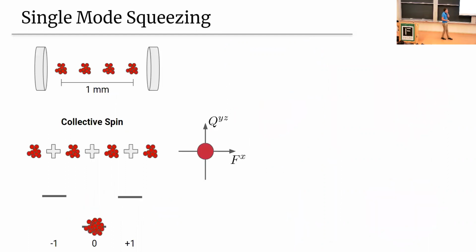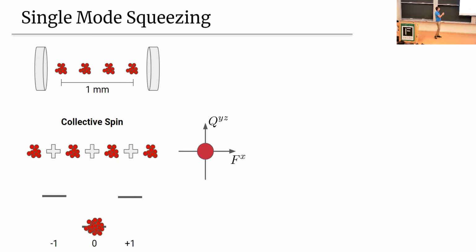Okay, so experimentally, we changed the system a little bit. We still have our ensembles, but we now just use 4 instead of 18, just to have more control over our system. What I told you in the beginning, the cavity without the magnetic field gradient generates this all-to-all interaction.